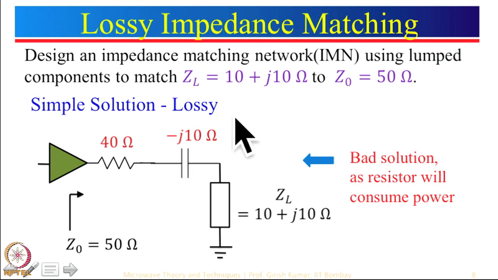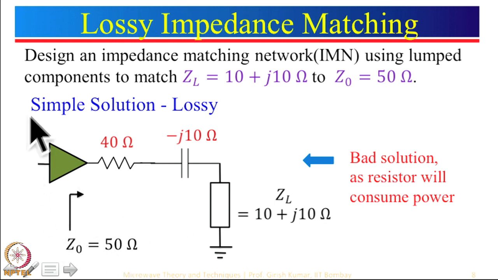So, let us now look at impedance matching. Why is impedance matching important? What will happen if you do not do impedance matching, or if you do lossy impedance matching? Let us take a case where ZL is given by 10 plus J 10 ohm, and we want the impedance to be 50 ohm.